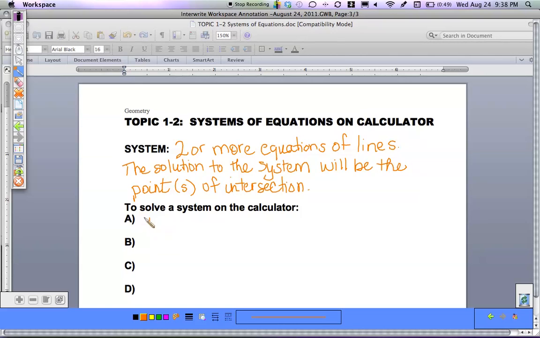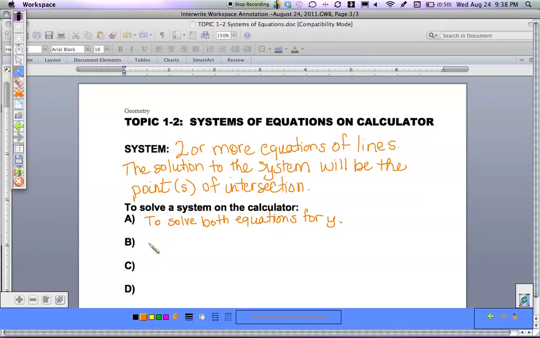So the first thing we have to do is solve both equations for y so that we can put those into our calculator.